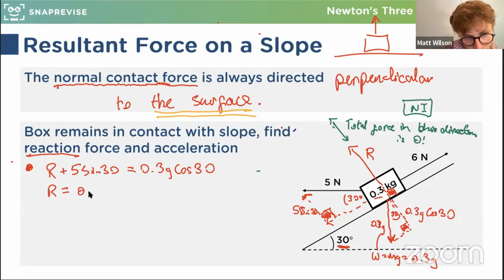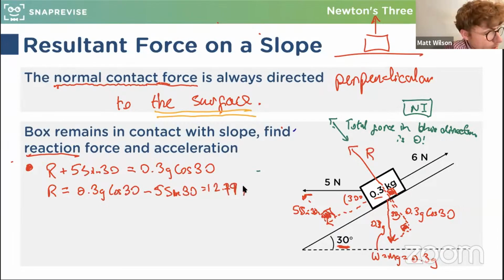R equals 0.3 g cos 30 minus 5 sine 30. And if you chuck that in a calculator, you'll get 12.779, and that's newtons, which is 13 newtons to two significant figures.